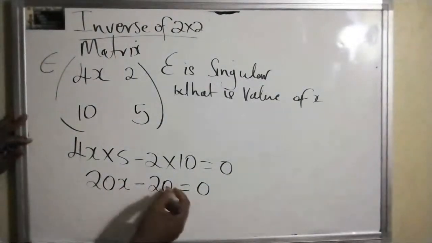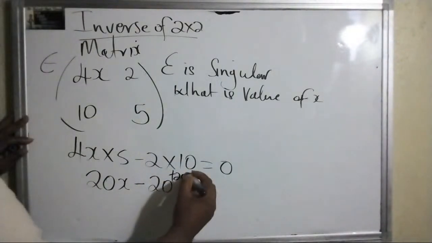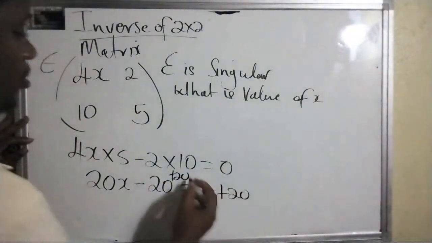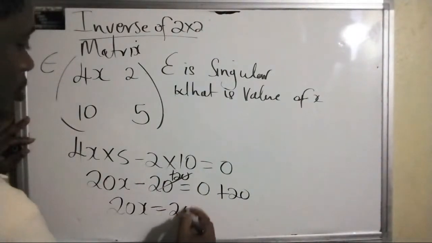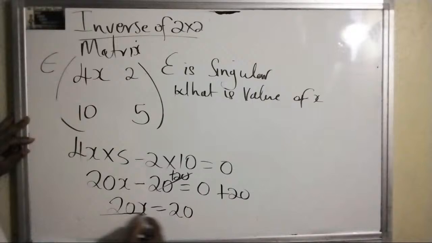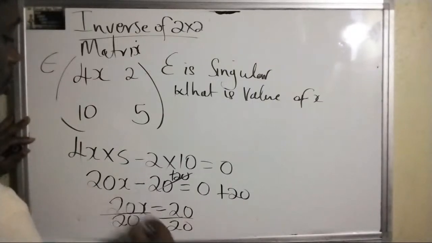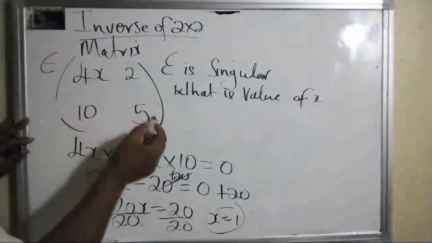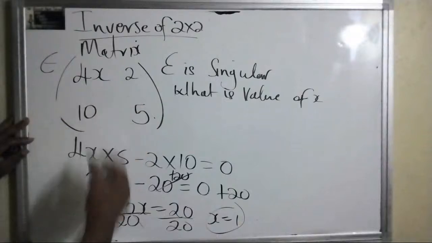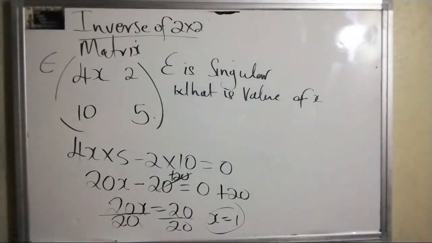Add 20 to both sides. What we do to one side, we do to both sides. So we get 20x equals 20. Then we divide by 20, so x is equal to 1. And it makes sense: 4 times 1 is 4, 4 times 5 is 20, minus 2 times 10 is 20, and we get 0.